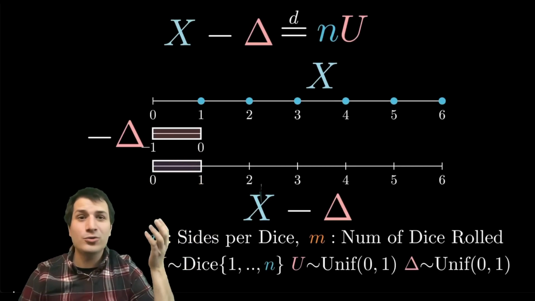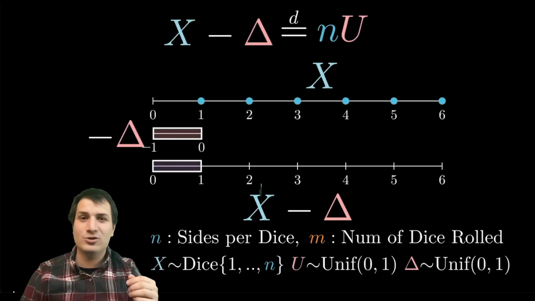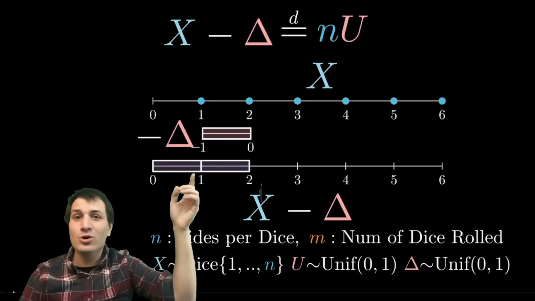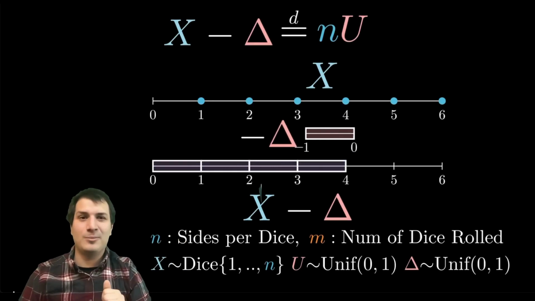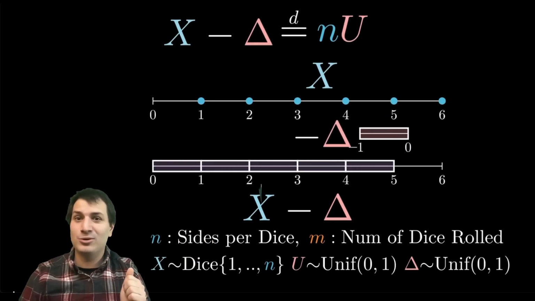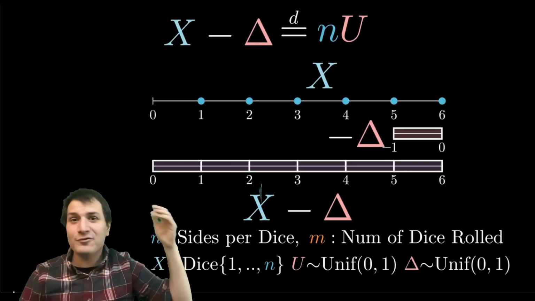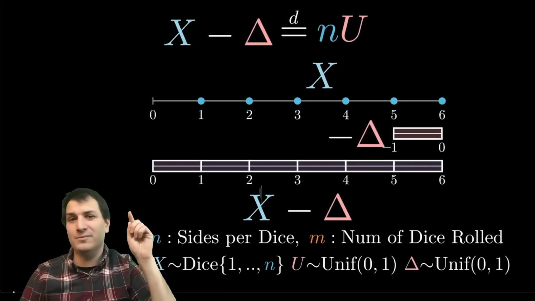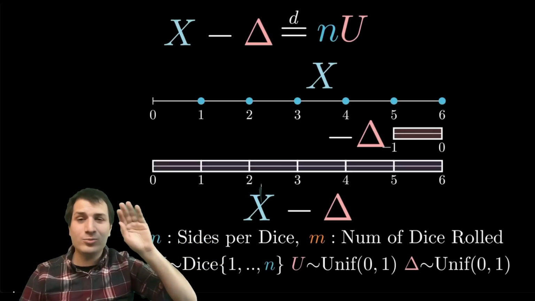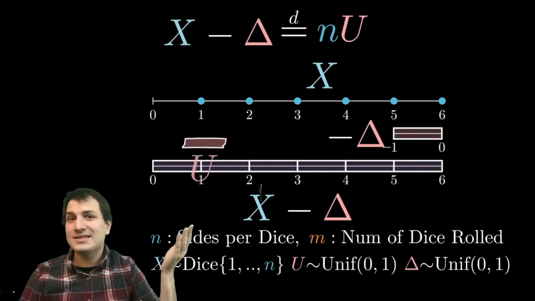If you roll a 2, 3, 4, 5, or 6, each of those is going to, again, be spread out into the whole interval below it. So 2 gets spread out between 1 and 2, 3 gets spread out between 2 and 3, 4 gets spread out between 3 and 4, 5 gets spread out between 4 and 5, and 6 gets spread out between 5 and 6. And altogether, after you've done this subtraction, you have a nice interval that is all the way covered from 0 to n, and all the region is equally spread out between this whole region. And so that is exactly what we had before.